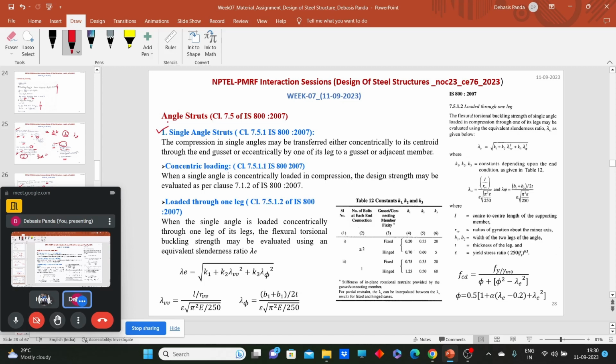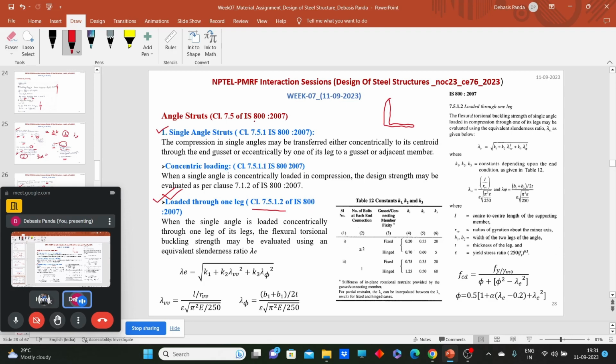But generally these angle sections are loaded through one leg, which means an eccentricity will be produced. So for this, the design strength should be calculated using clause 7.5.1.2.